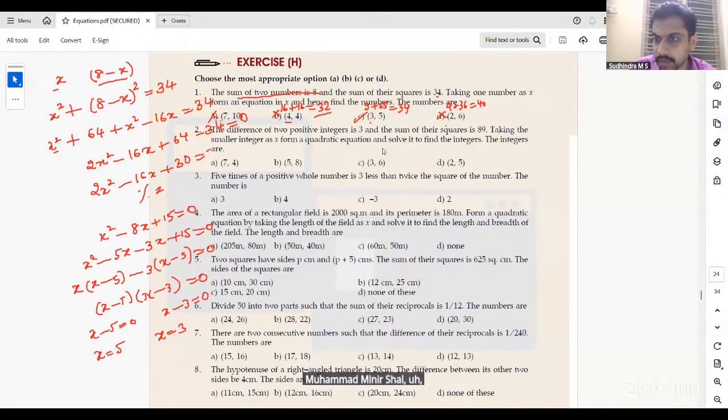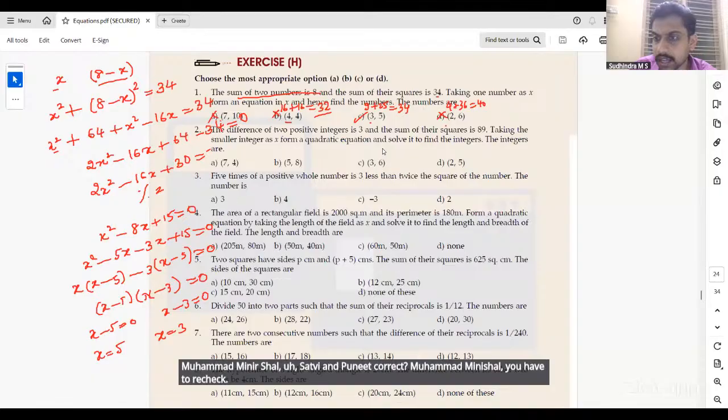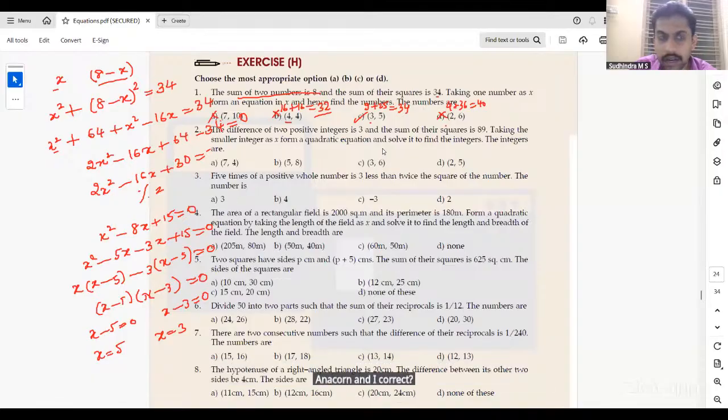Mohammad Mirshad you have to recheck. Annapurna Nayak correct. Ganavi correct. Pranav Pai correct. Nandita correct. Prapti correct. Amit correct. Nandita Bhatt correct. Shreya Bhatt correct. Vikshita correct.